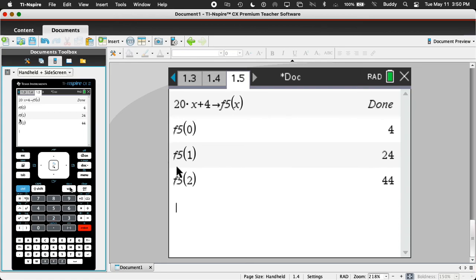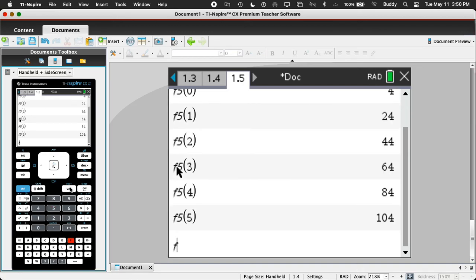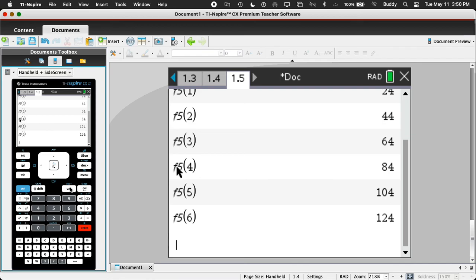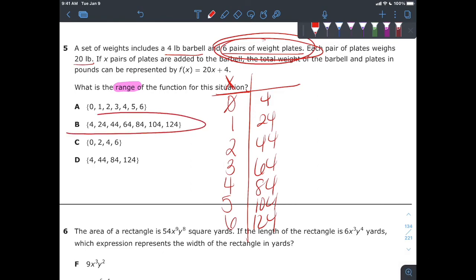And I would have received the same exact answers. So my correct answer is answer choice B.